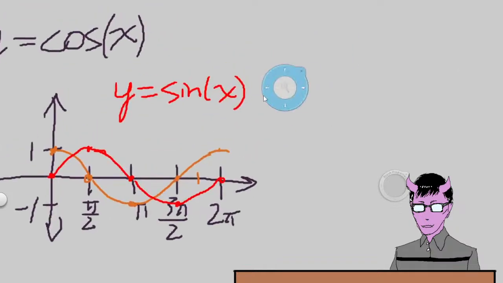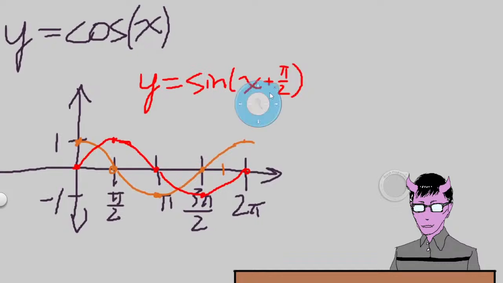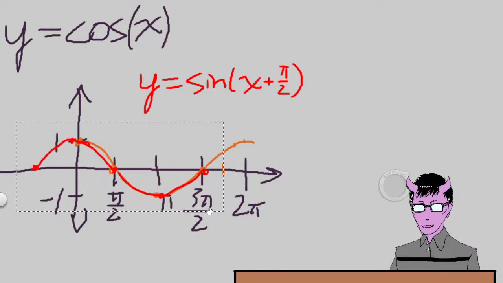So if you shift it over, what that tells us is, how do we shift it over pi over 2 spaces? Well, to shift to the left, it's going to be plus pi over 2. So if we add pi over 2 to the x inside our sine function, then this is a shift 1 hash mark over, which will take us to this position.